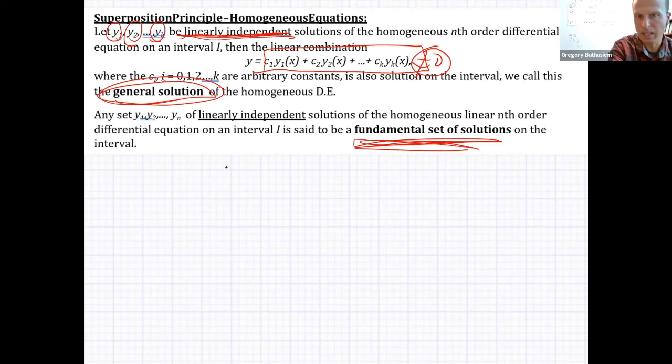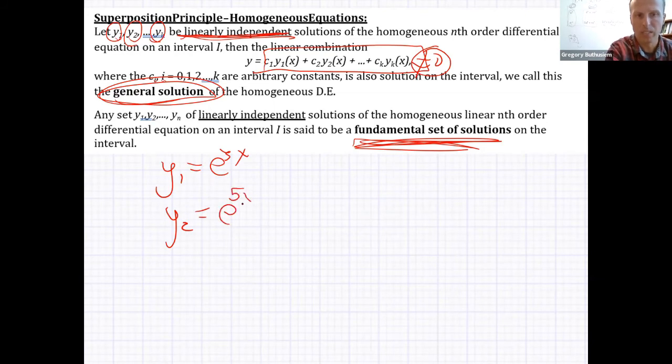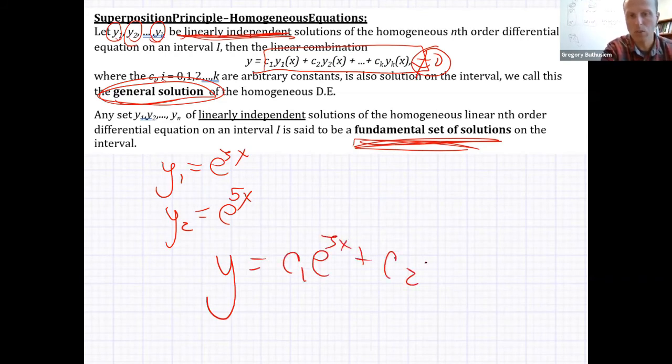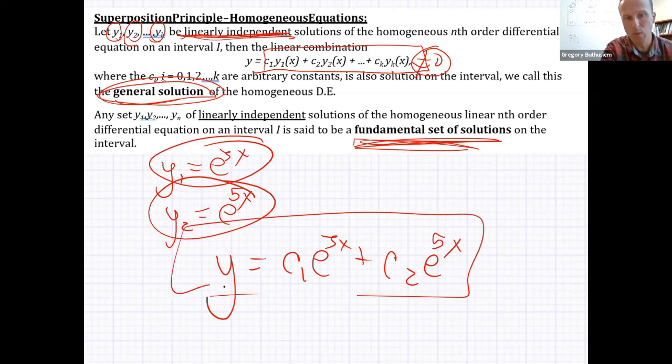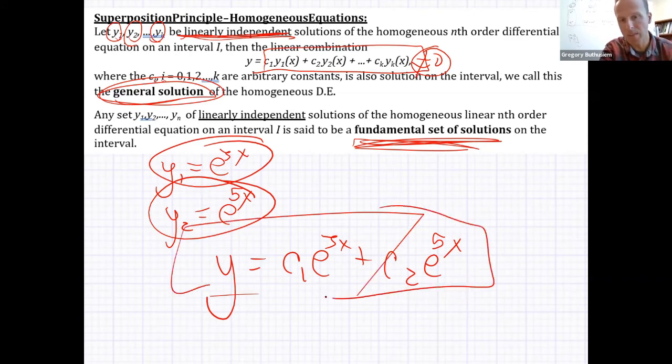So like I said in the last example, if I find that, say, one solution to the differential equation is e to the 3x, and another solution is e to the 5x, then I can say that c1 e to the 3x plus c2 e to the 5x also solves that exact same differential equation that these both individually solve. And why can I say that? Because this whole thing could solve the differential equation, since I could get both of the individual ones at once.